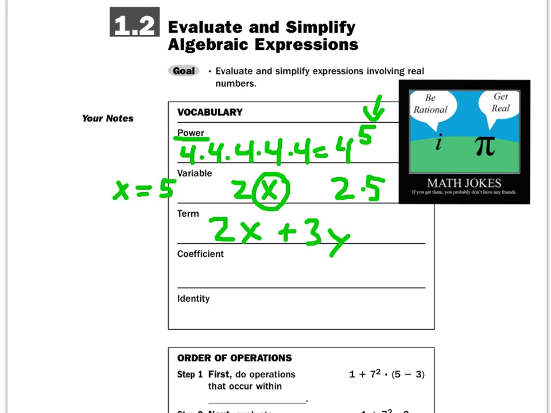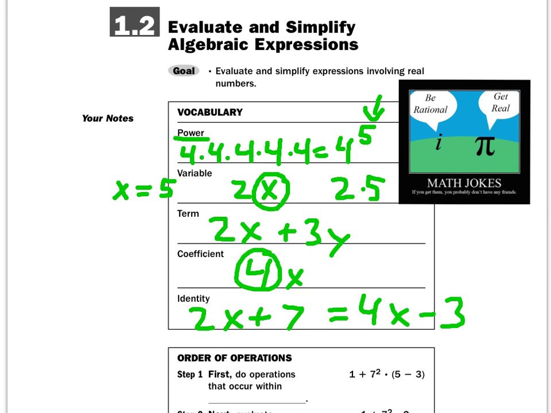A coefficient is the number in front of the variable. So if I said 4x, the coefficient would be 4. And the identity would be a statement like 2x plus 7 equals 4x minus 3. These things are equal to each other, so that makes it the identity.